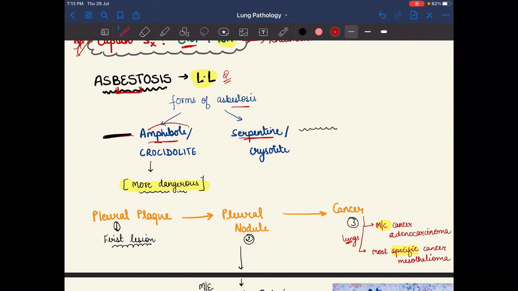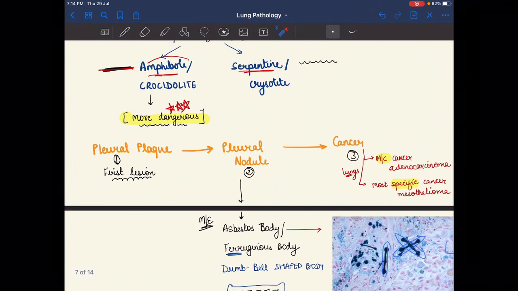The amphiboles, like crocidolite, are amphibole, like crocodile is an amphibian. So this form is more dangerous. Which form? The amphibole or crocidolite form is more dangerous. The second type is serpentine, or we can say chrysotile. Serpentine means snake-like.